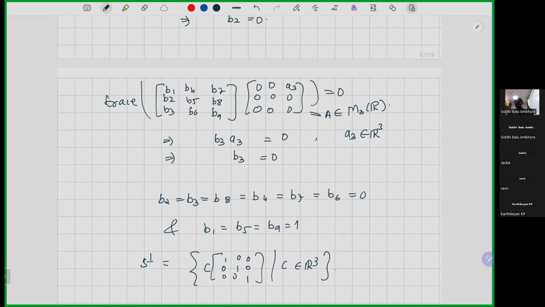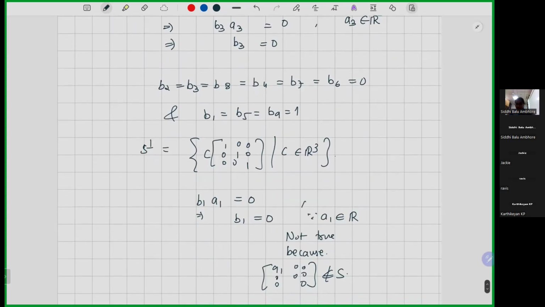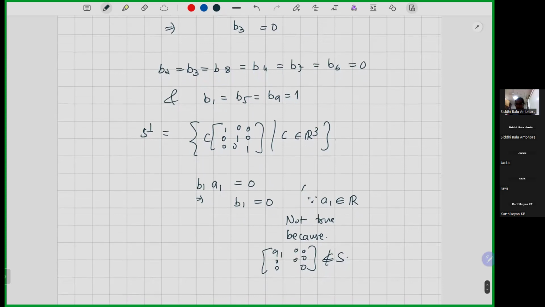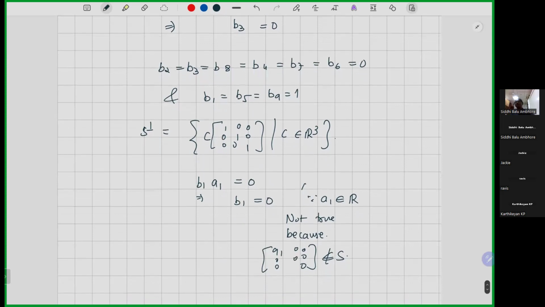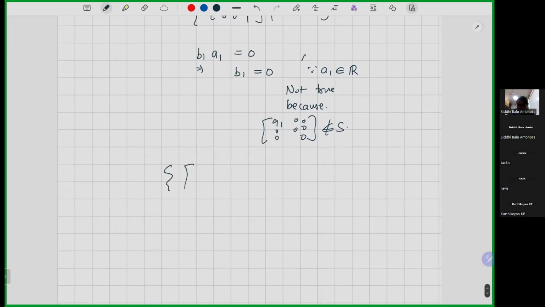Any doubts? And how dimension you are telling it is 1? Because it is a matrix, right? We have 3 elements, it should be 3. Only one element, sir. This is the basis of S perp.